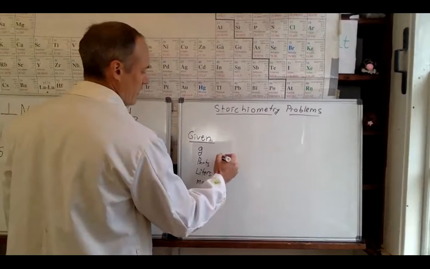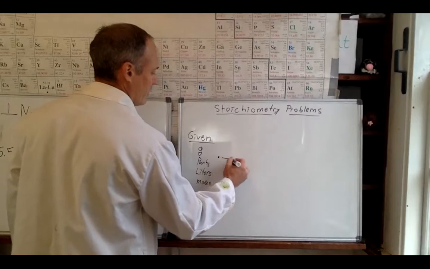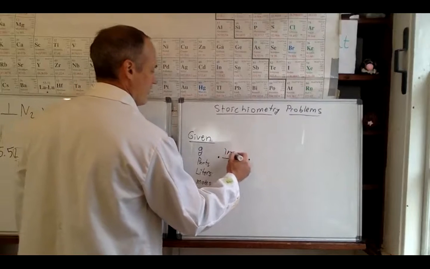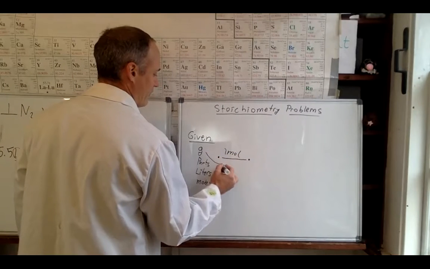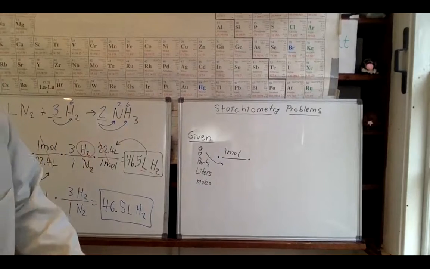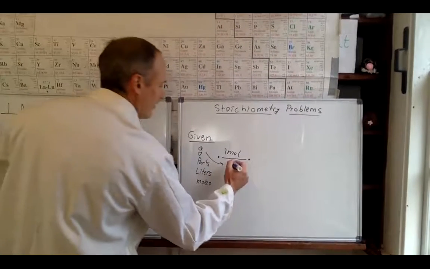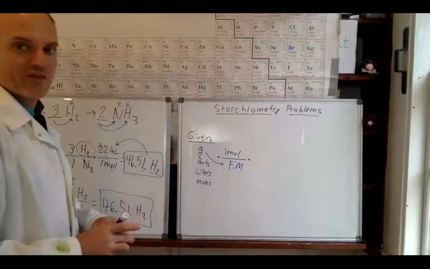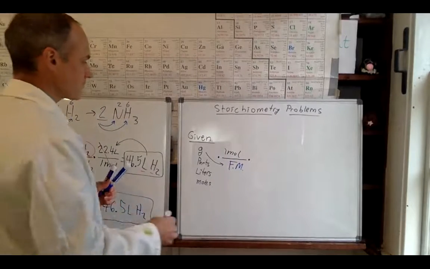So that will determine the first conversion, right? You're gonna have on top 1 mole, of course, but if you have that in grams, then the first step is going to need to have formula mass, right? That's the first thing you're gonna need.